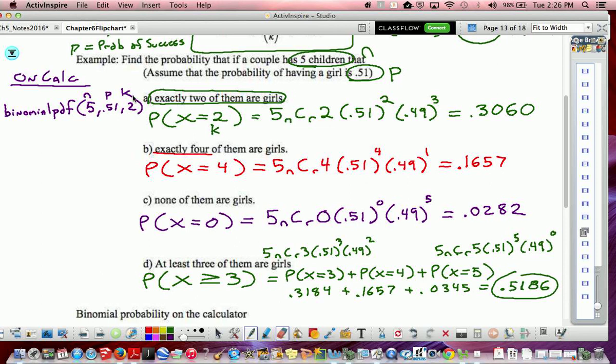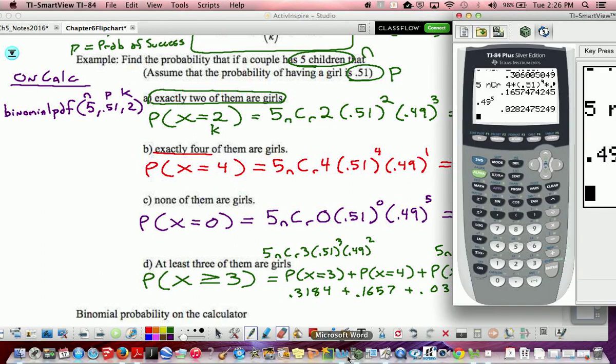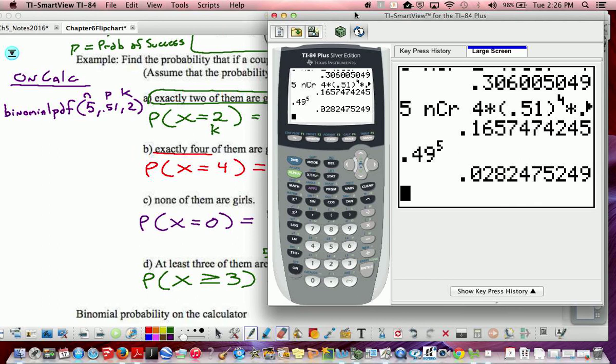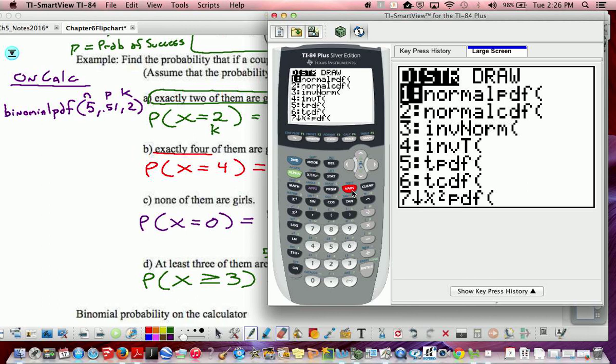So, how do I pop this up on my calculator? The directions are right there in your notes, and some of you have already read them, but it's in the same menu as normal PDF and CDF. So if I go second vars, there's normal PDF and CDF. You're probably going, wait a second, Bart, it's not there.